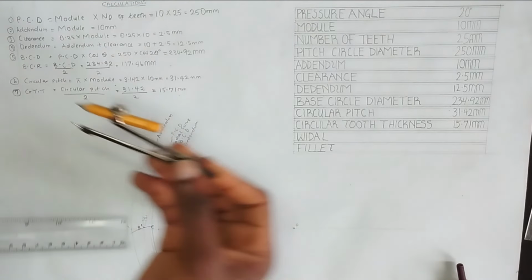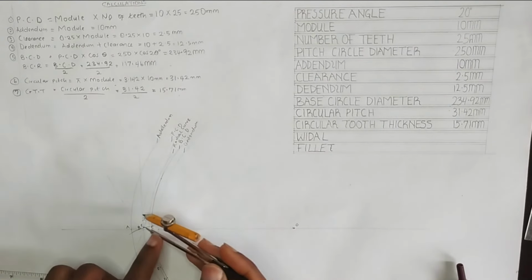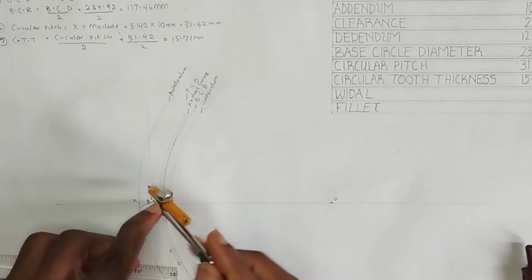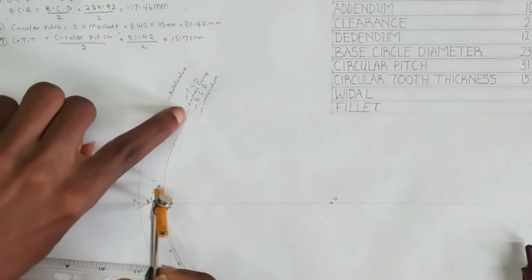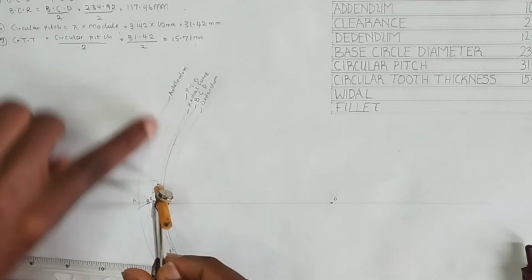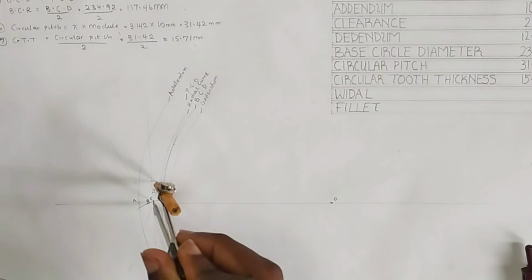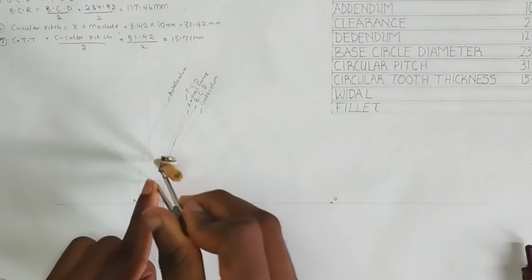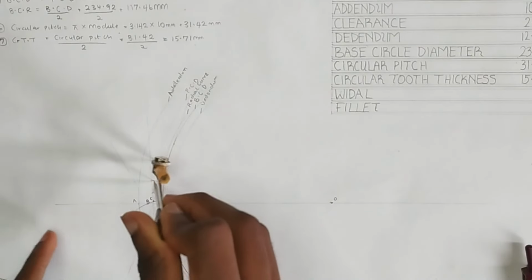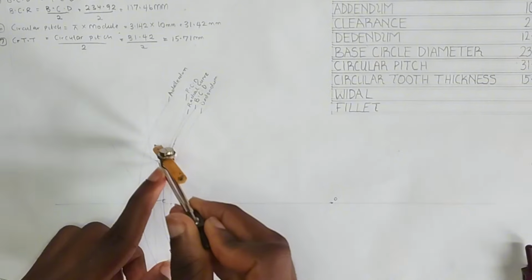Then, making use of the circular tooth thickness, we are going to place it at point C. Then we are going to strike an arc on our pitch circle diameter, that curve of our pitch circle diameter. Then place it here and strike an arc like this. Then place it here.